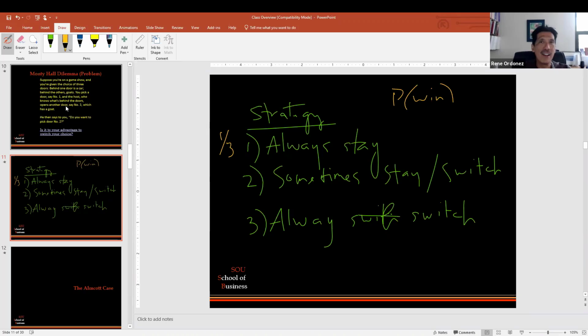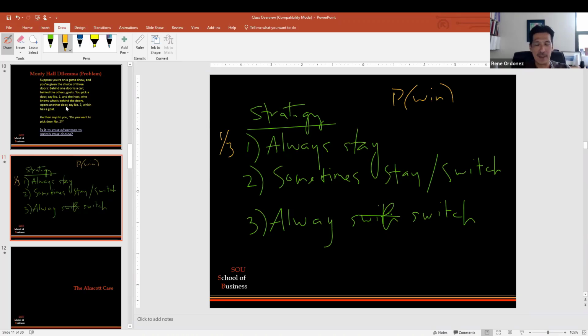Well, it depends on how much of the time you stay and how much of the time you switch. If the staying is closer to almost always, then your probability of winning will be closer to 1/3.